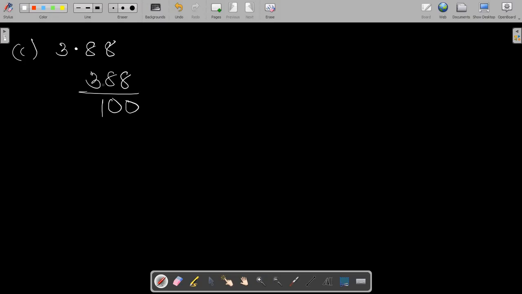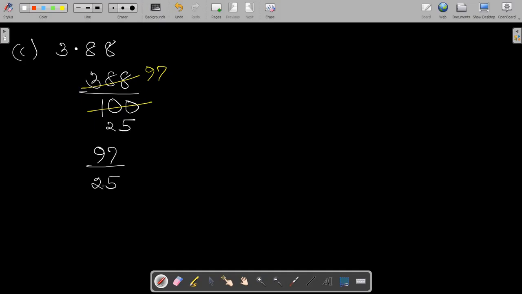So we have 388 divided by 100. I notice here now that 4 can divide the numerator and also the denominator. So 4 goes here and we have 97. 4 goes in 100, we have 25. So our result here now becomes 97 all over 25.